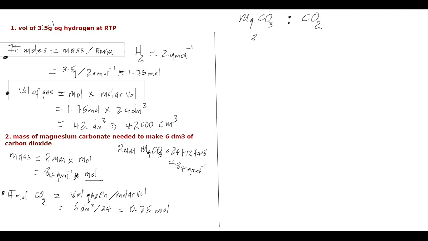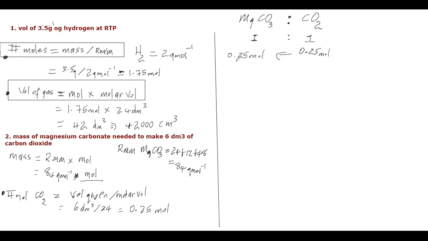From the equation, the ratio was a 1-to-1 relationship, which means that if we had 0.25 moles of CO2, then we should have the same amount of moles of magnesium carbonate.